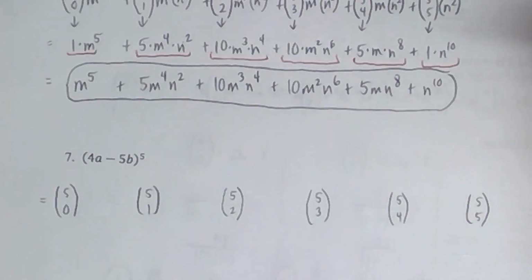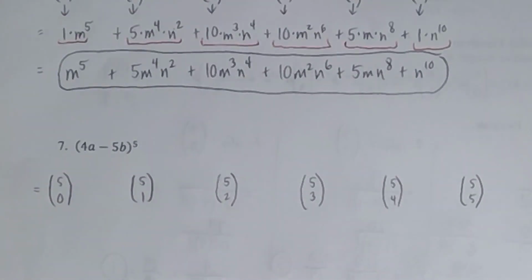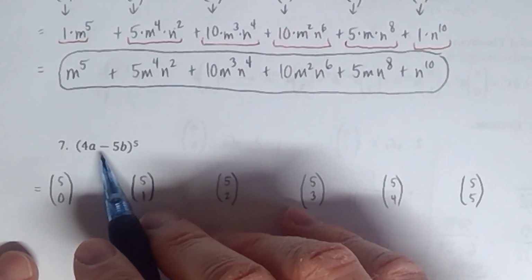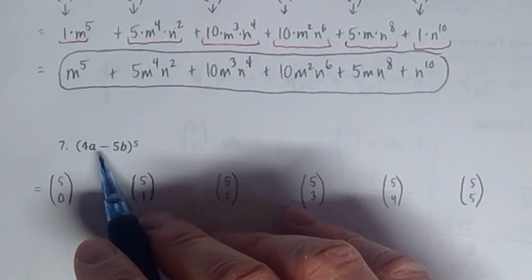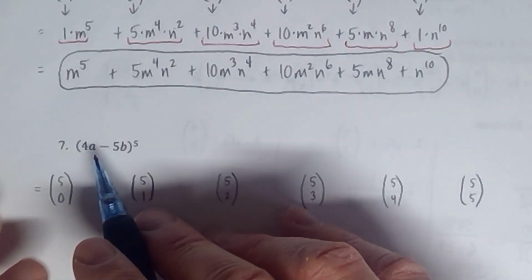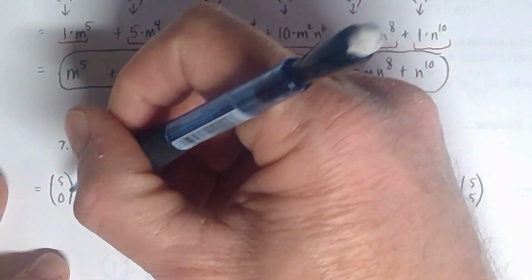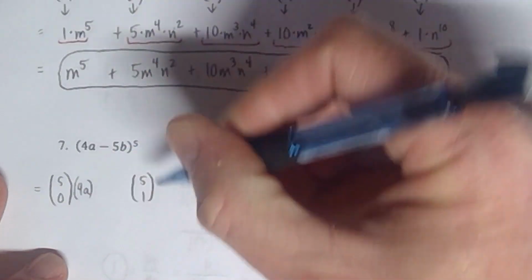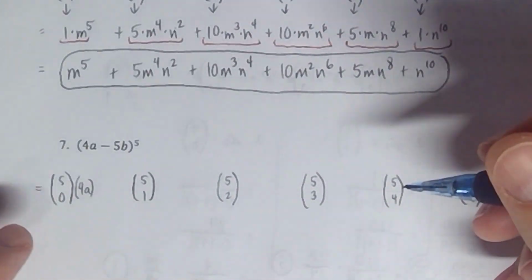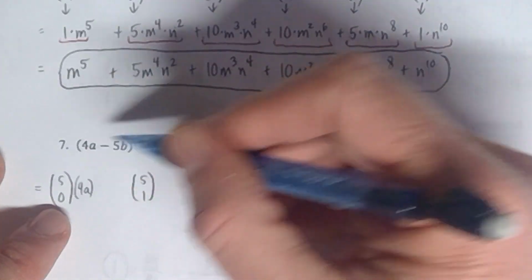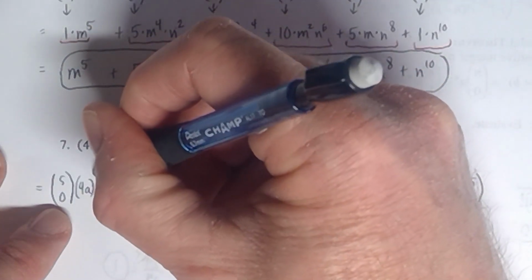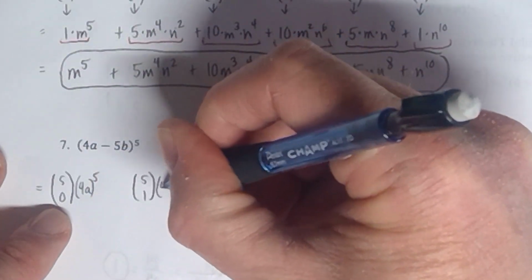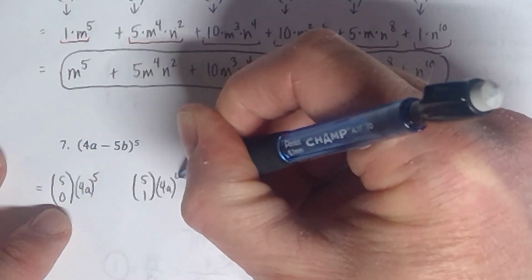And then we do that same thing we did in the last problem, which is to take the first term. Since it's not just a variable with no exponent and nothing in front of it, but it's actually 4a, because of that, you need to bracket it on each step here. Bracket it on each step, and then what do you do? You start out with the exponent on the outside, 4a to the 5th, and then 4a to the 4th.